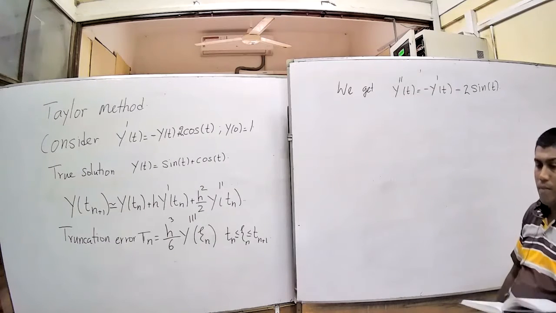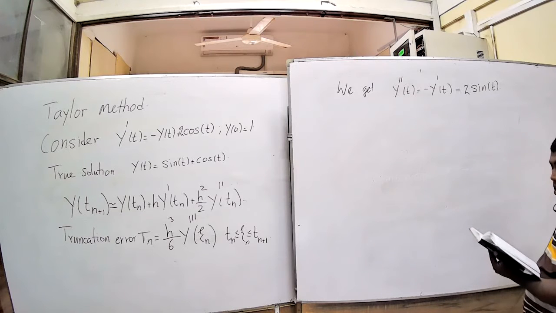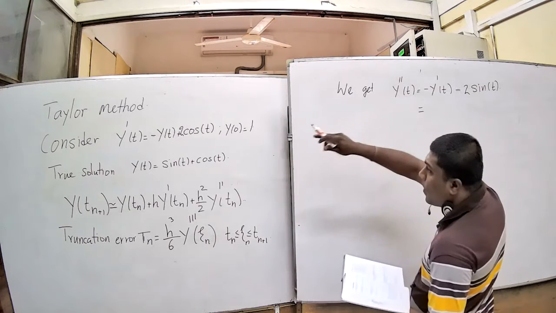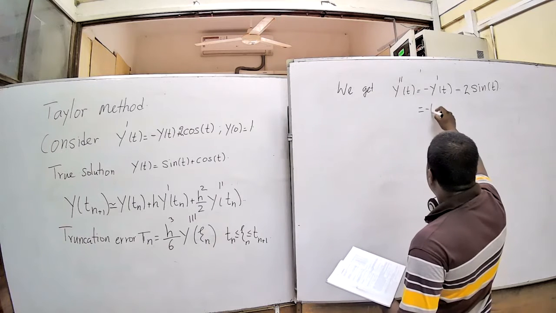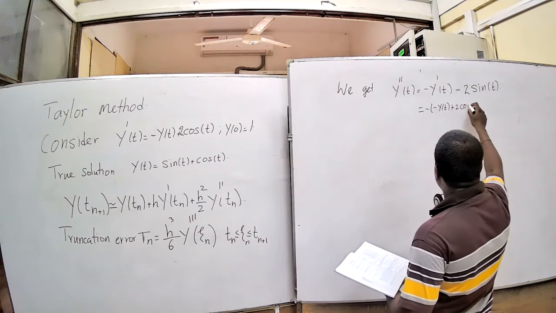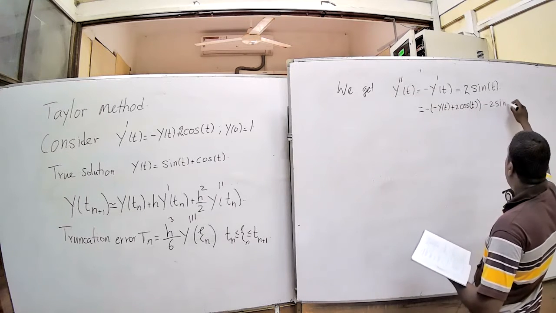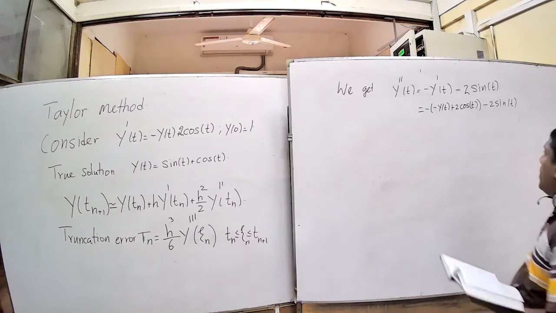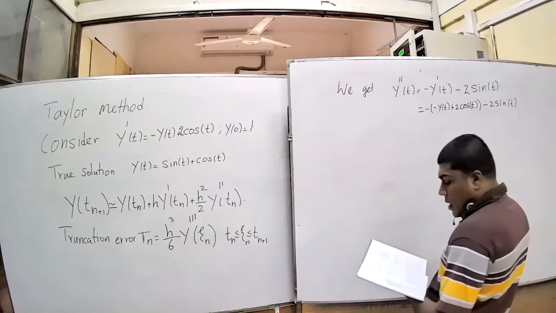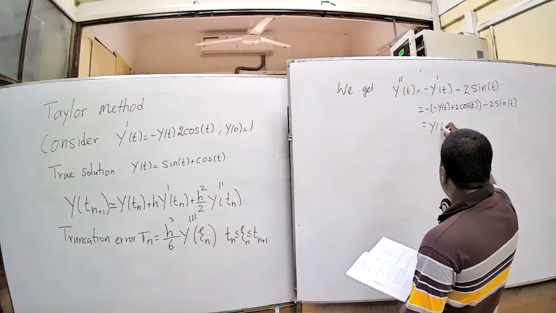But you have a formula for y prime: it's minus y of t plus 2 cosine t. So minus of minus y of t plus 2 cosine t, minus 2 sine t. Minus into minus gives plus y of t, minus 2 cosine t, minus 2 sine t. So that's clear for you now.